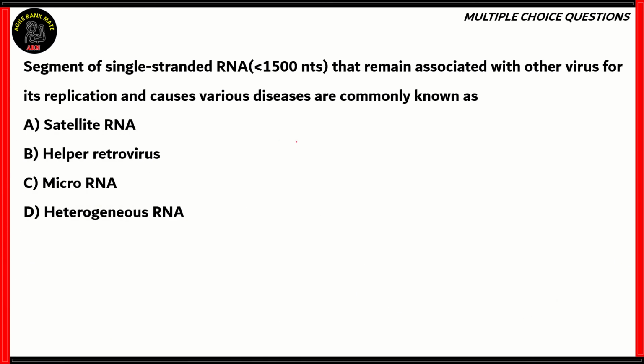Now let's look at another question. A segment of single-stranded RNA less than 1500 nucleotides that remains associated with another virus for its replication and causes various diseases is commonly known as: satellite RNA, helper retrovirus, microRNA, heterogeneous RNA.